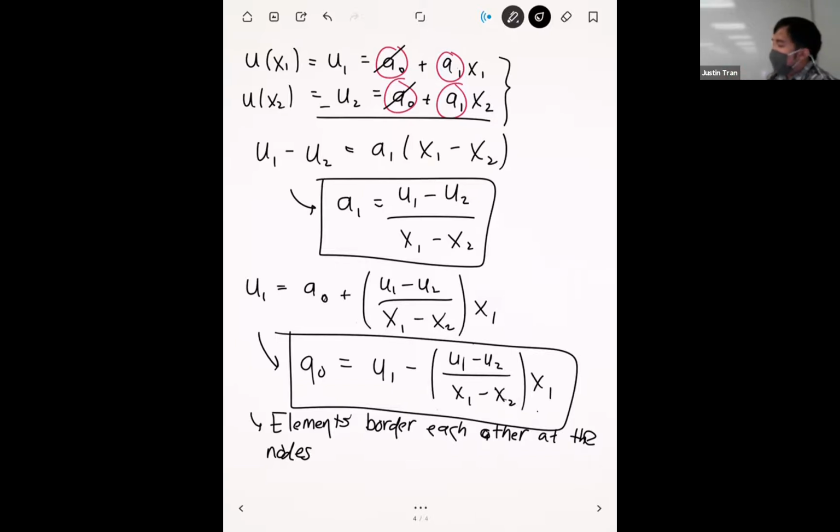One element shouldn't be saying that the answer at this node is 7, whereas the neighboring element says that the answer is 4. Otherwise our method wouldn't work at all. By solving for the solution in terms of these nodal values, we ensure that we have what's called a consistent finite element solution.